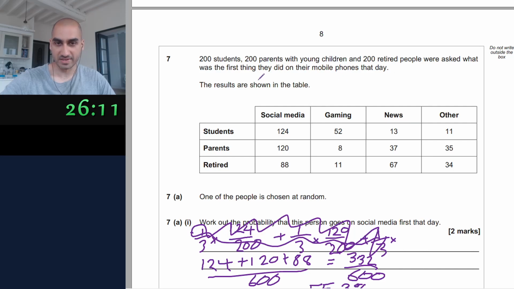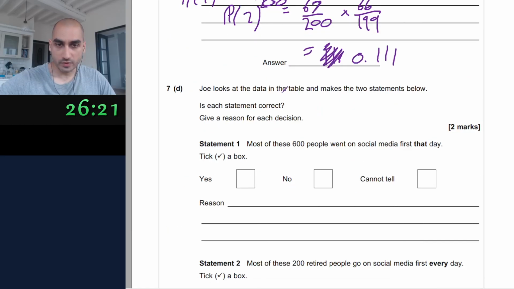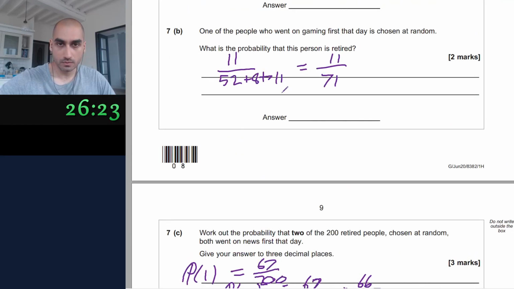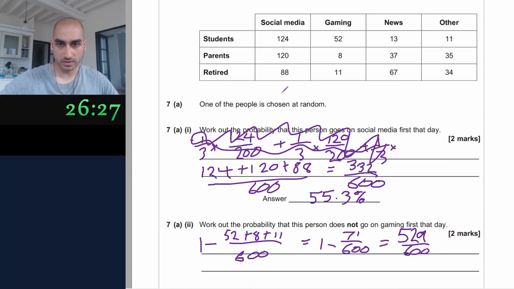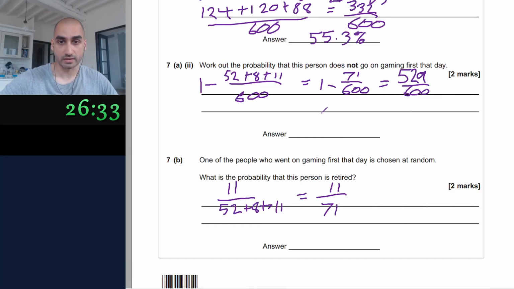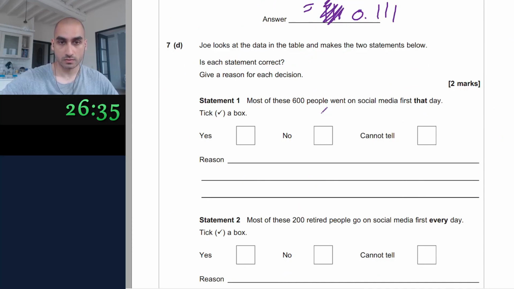Or does that mean that amongst the activities, social media was the highest? Well, anyway, how many went on social media? We did this before. 332 out of 600, which is more than 50%. So either way, it's most.